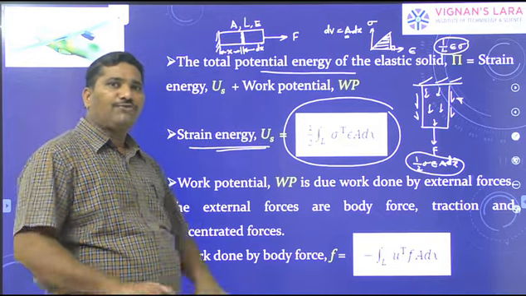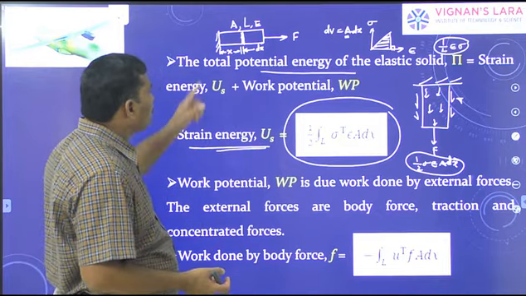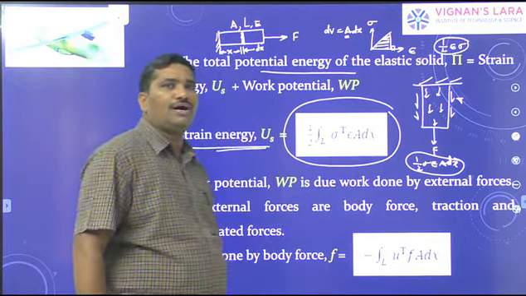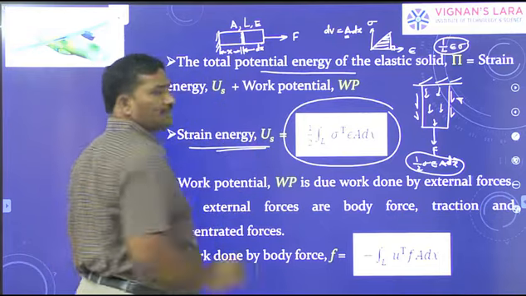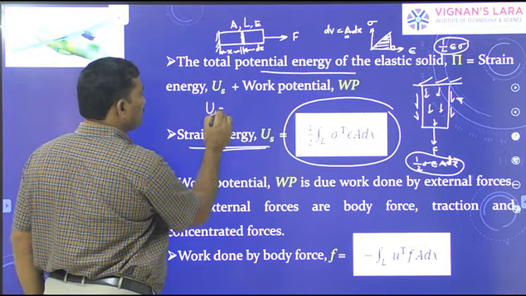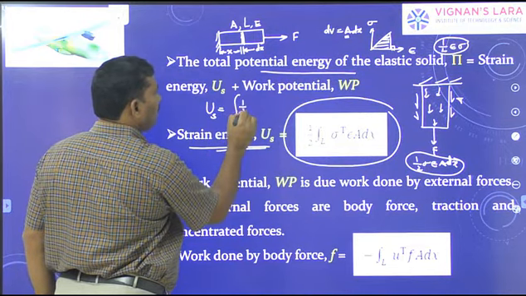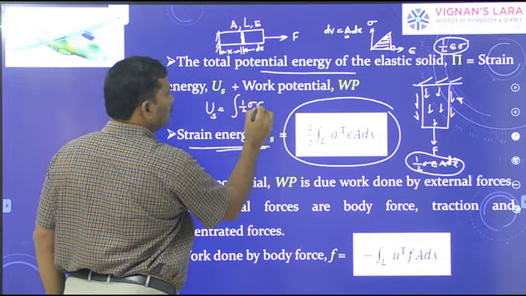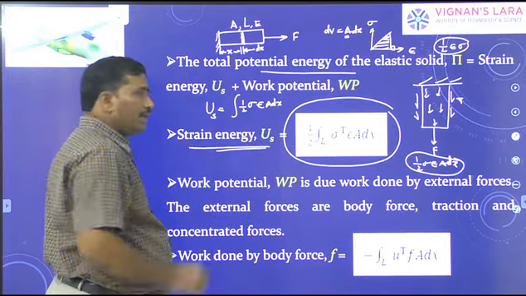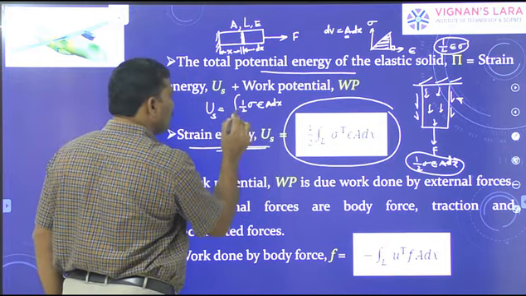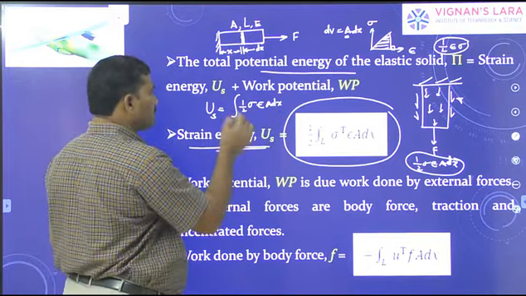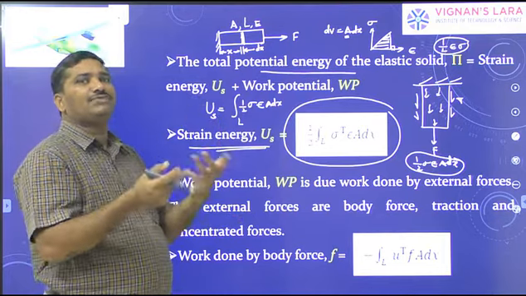Now, if I want the strain energy of this entire solid, I have to integrate this over the length of the solid. Therefore, the strain energy of the elastic solid, U_S, equals the integral of half into sigma into epsilon into A dx, over the length of the solid. This is the expression we use to determine the strain energy of the elastic solid.